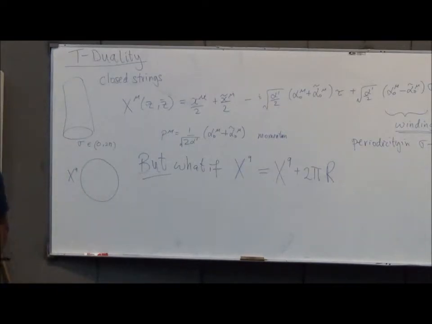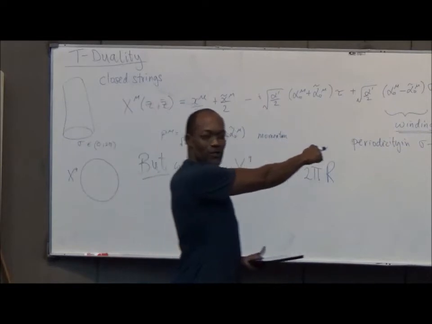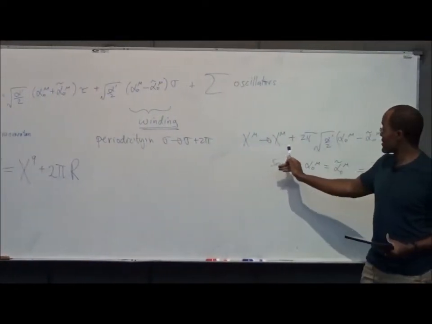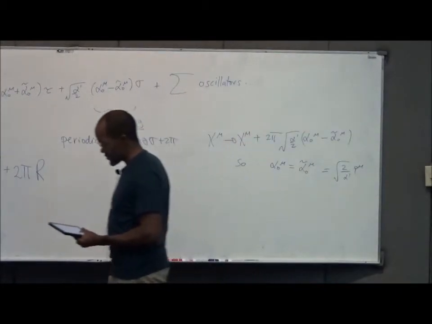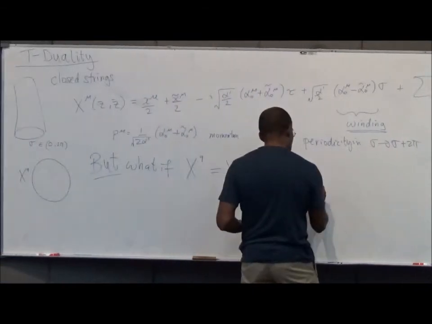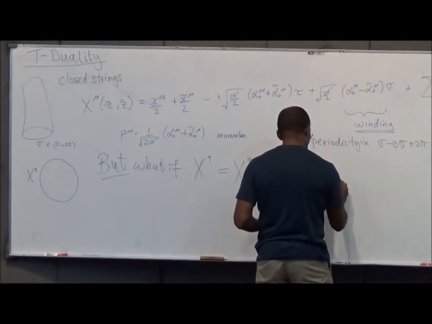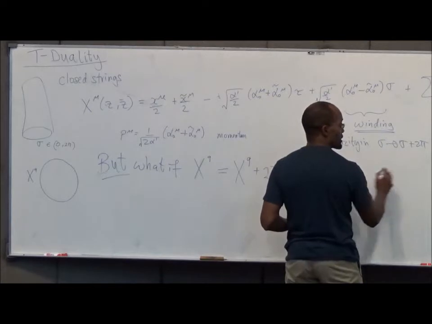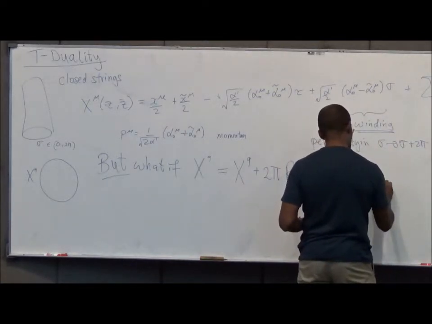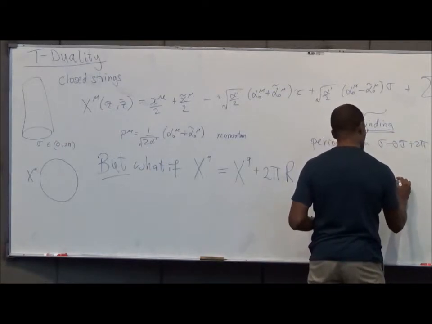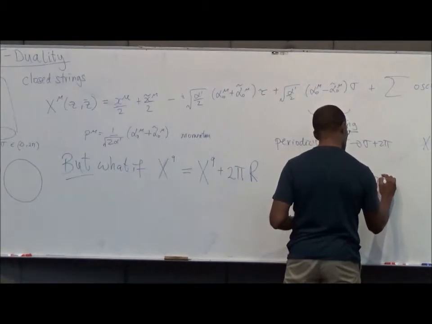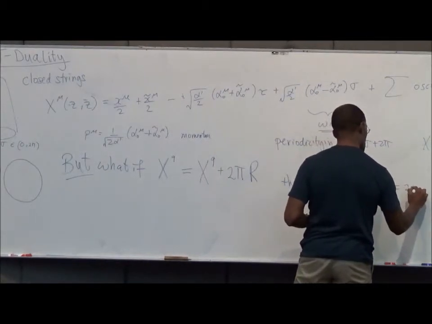Okay, right. So there's a loophole in the argument here. For the x9 direction, I can do something extra. If I do this on x9, then I basically can write that this 2 pi alpha prime over 2, alpha 0 9 minus alpha 0 9 tilde, is equal to 2 pi r.